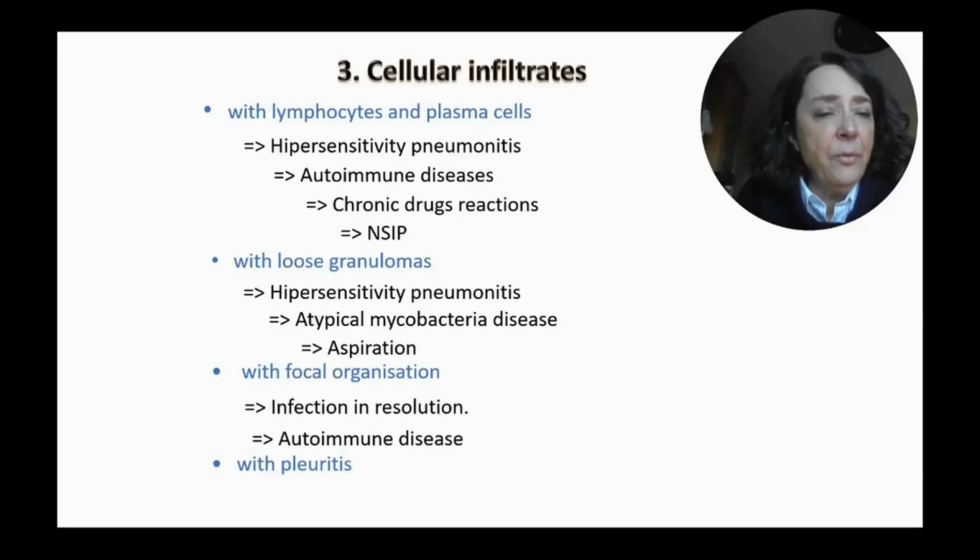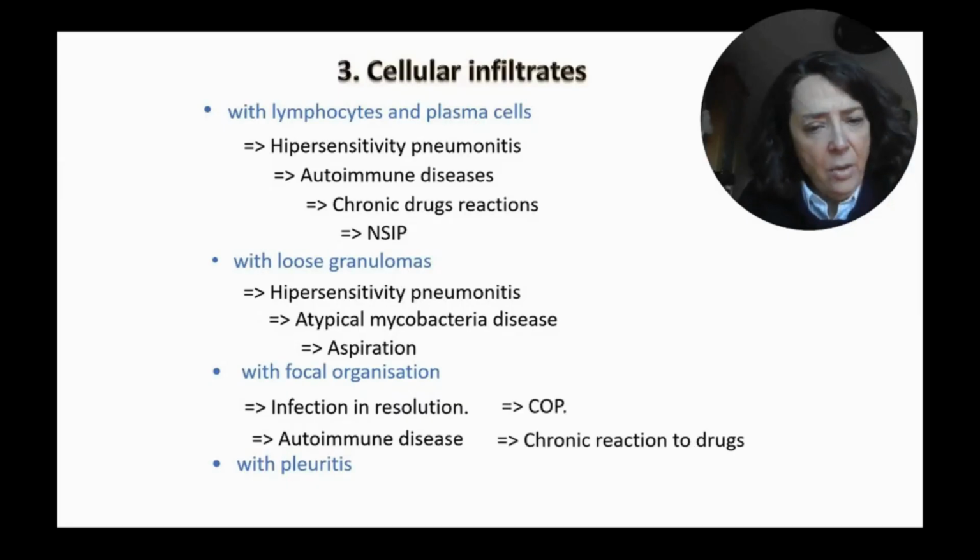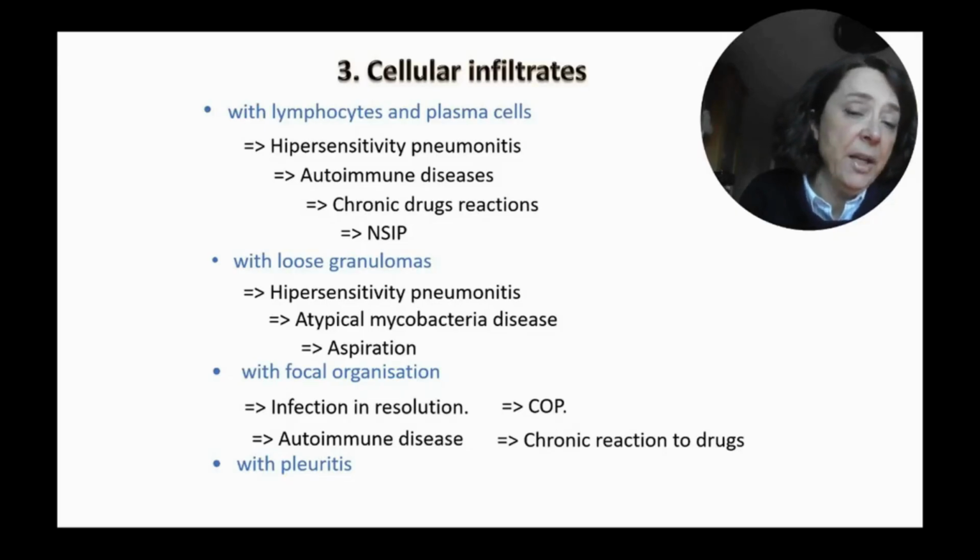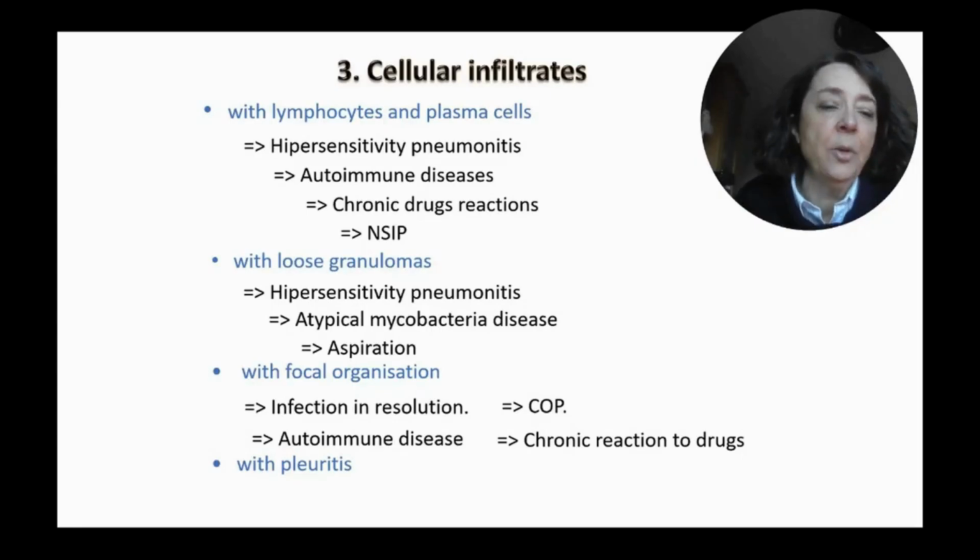HP frequently has areas of organizing pneumonia. And if you have pleural and other entities of focal organization, of course, this is COP, cryptogenic organizing pneumonia, a term I don't like because cryptogenic is idiopathic. Even though it has been retained, we always have to look for the cause.